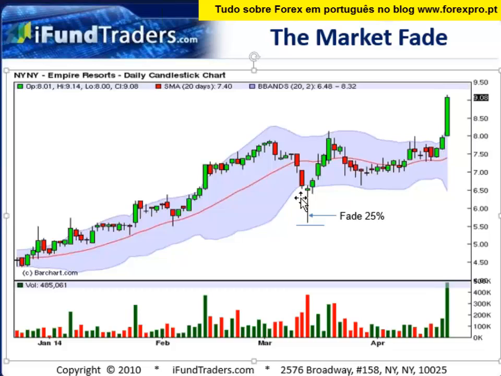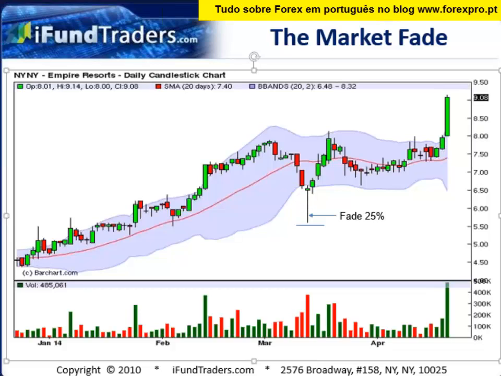And so that's why I like doing the fade tactic when I'm at that extreme statistic, when I'm near that 3, 4 standard deviations away. And to me, I know I'm there when I get a bar completely outside of wide bands. All right?